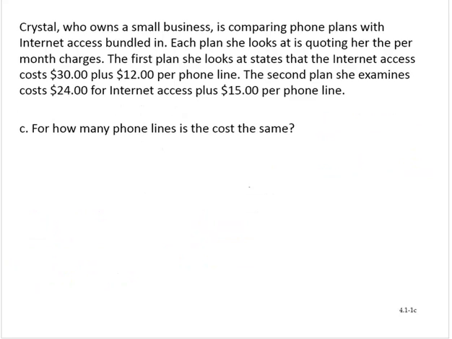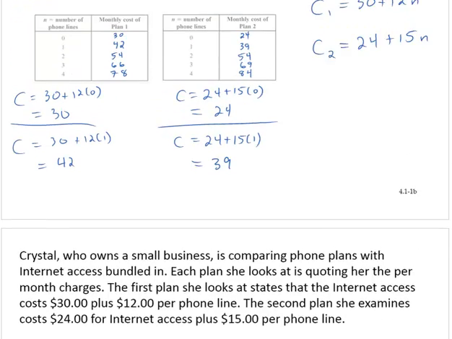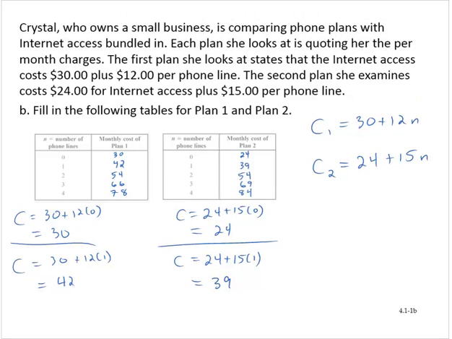For how many phone lines is the cost the same? Well, looking back on our table, we see that when we have 2 phone lines, the cost is $54 under the first plan, and when we have 2 phone lines, the cost is $54 under the second plan.